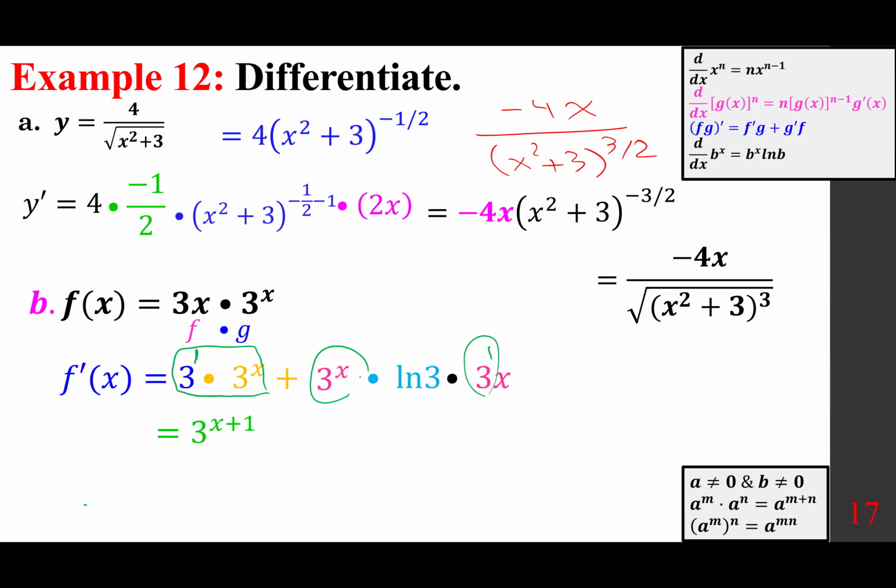So this is 3 to the power of x plus 1, and the same thing we have for the second piece. So if we factor this one out, this gives us 1, and this gives us 1, whatever is left here, ln 3 times x, and we write it x ln 3. By the way, why do we write it in this format? Because one may think this is ln of 3x, which is not true, okay?